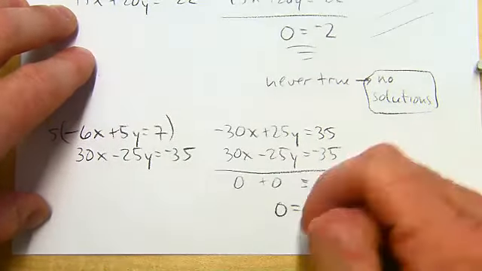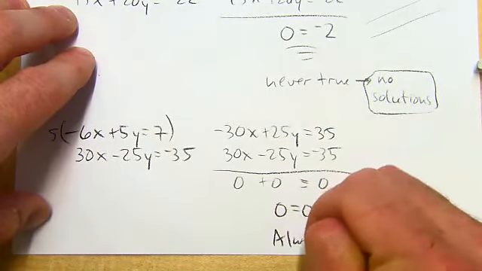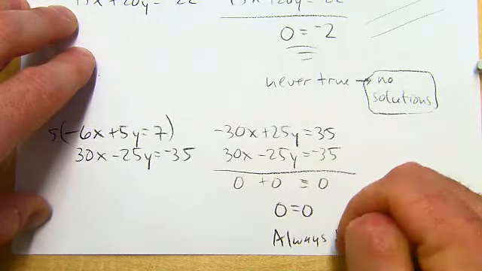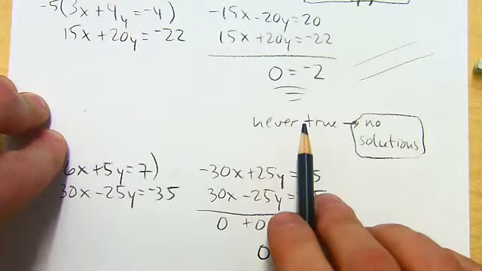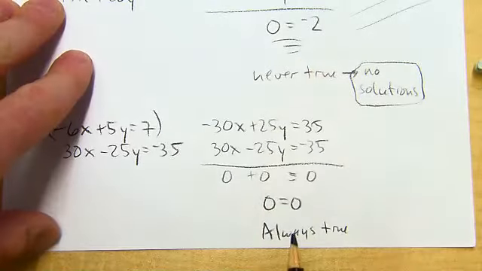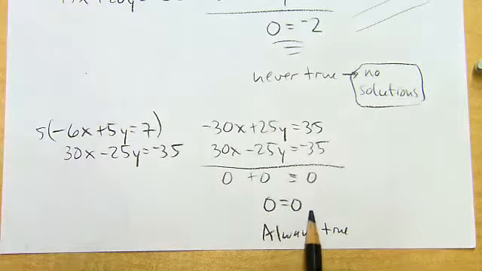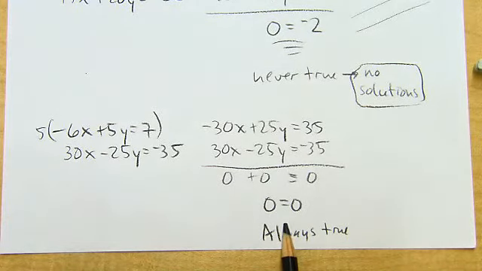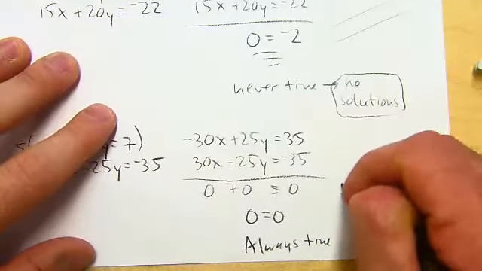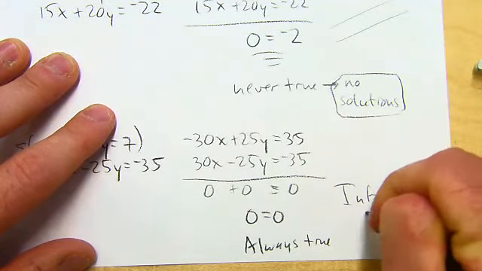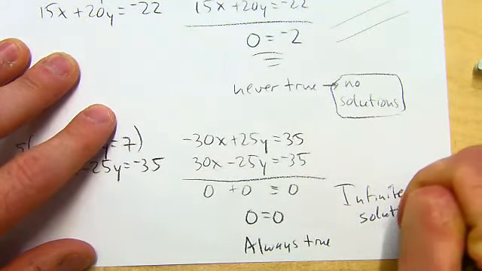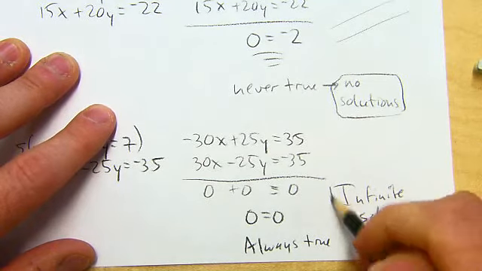Okay, that's always true, right? I mean, 0 equals 0 is always true, as opposed to 0 equals negative 2 is never true. Okay, this is always true. So if you get down to something like 0 equals 0, or something like 2 equals 2, but I think it's normally just going to be 0 equals 0, it's always true. There's infinite solutions, you're going to say. Okay.